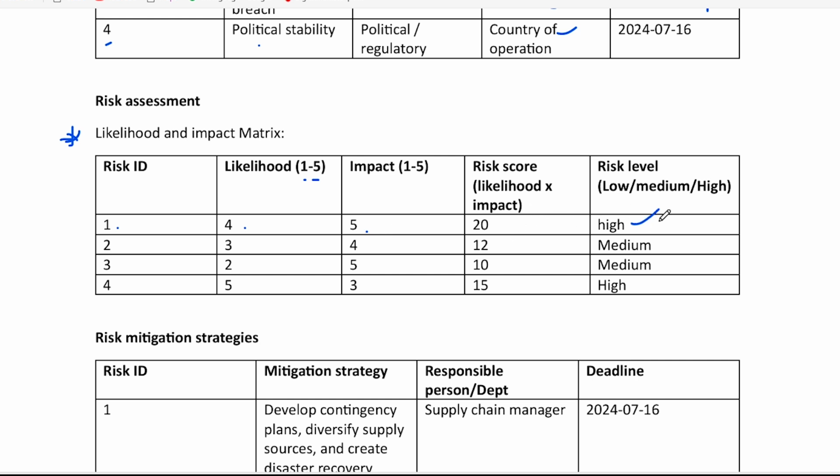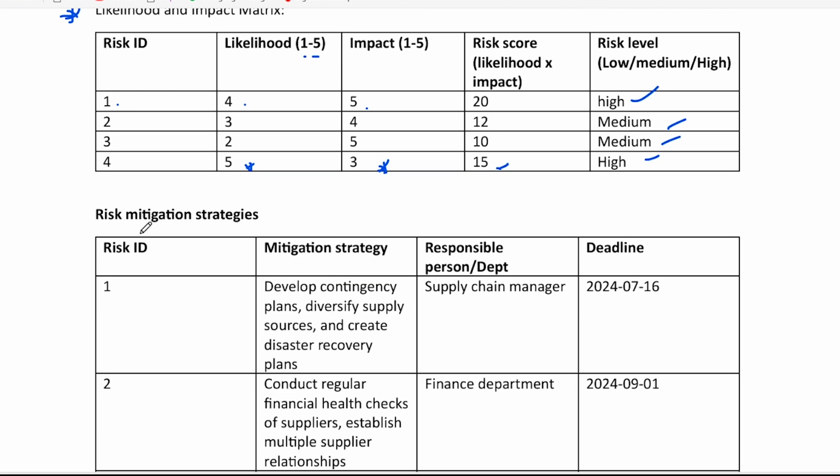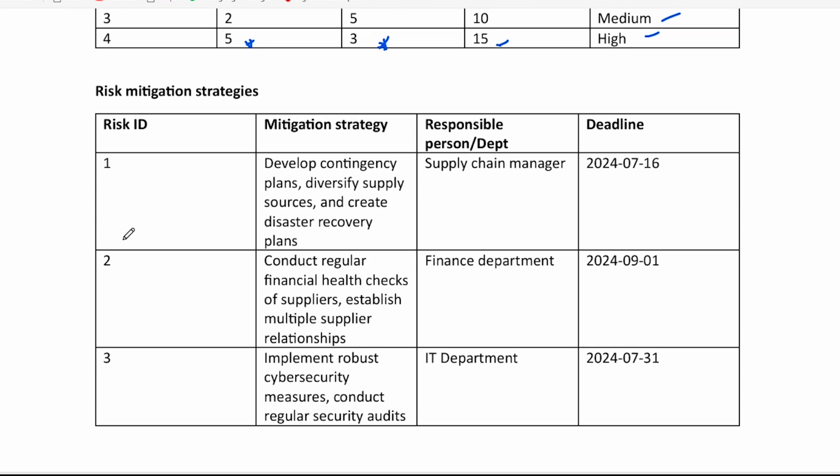What does that mean? It's very high. And then you continue all the way: medium, high. Just looking at the likelihood of it happening, the impact if it happens, and the score. That is important because once you know that, you know how fast you can act in relation to that risk.